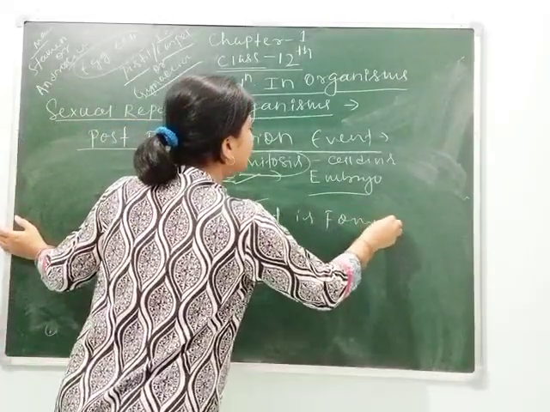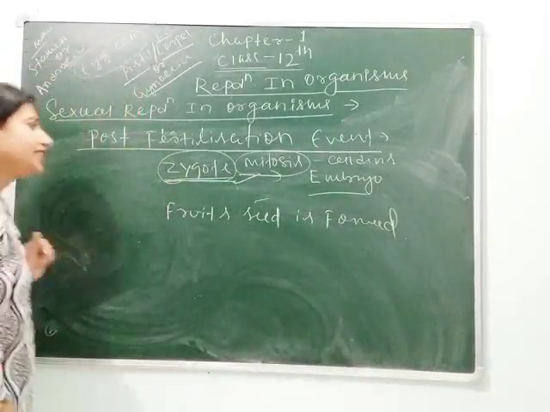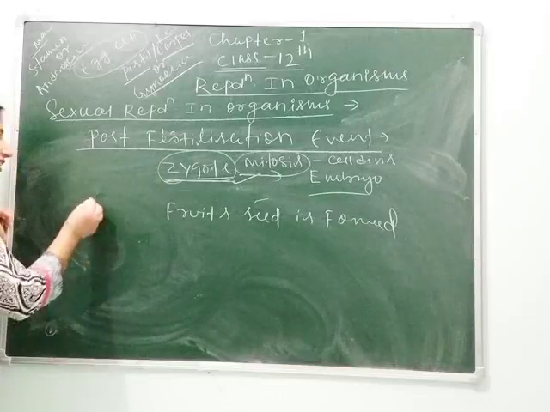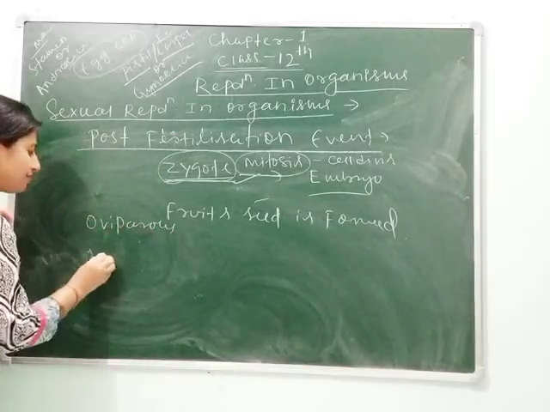And in the case of animals the embryo is formed. On this basis the organisms are divided into oviparous and viviparous.